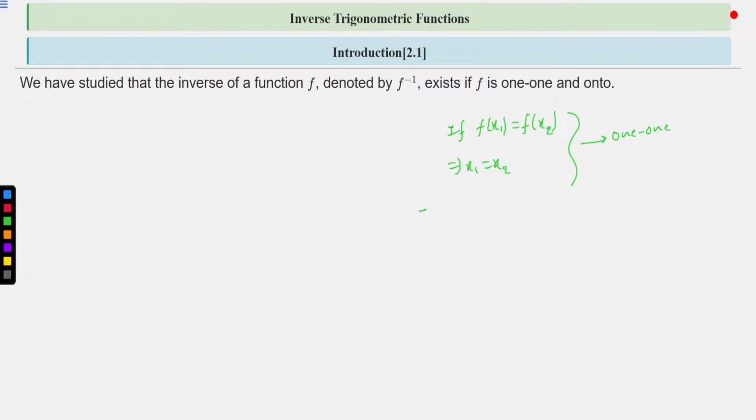And if the codomain of the given function is equal to the range of the function, then we can say that the function is an onto function, right?